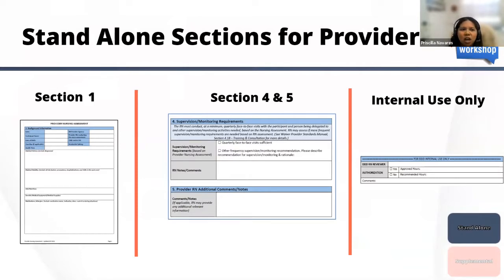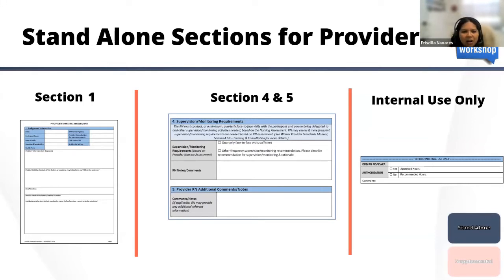That would be section 1, the background information, sections 4 and 5, which are the supervision monitoring and any additional comments. And then for DDD, the standalone would be the internal use where the DDD RN reviewer will either approve or trigger something like, hey, let's have a discussion of what may be appropriate in that case.